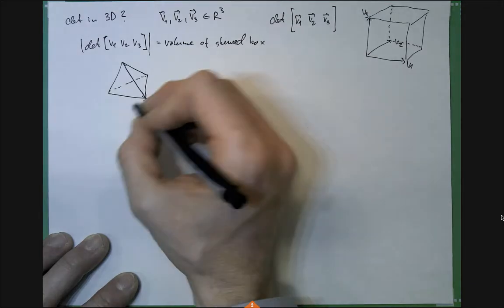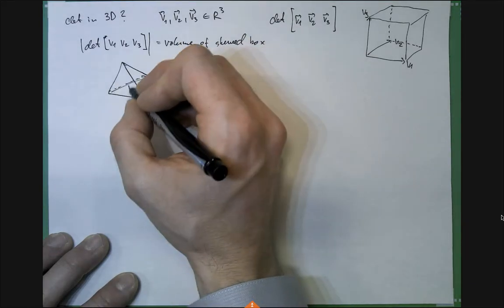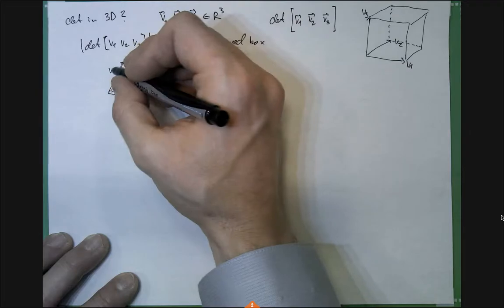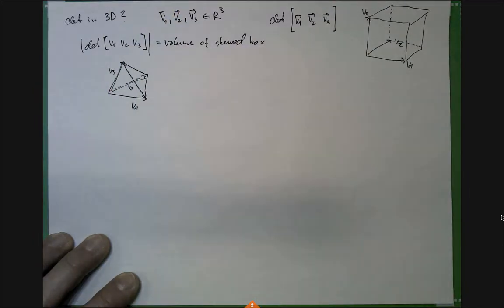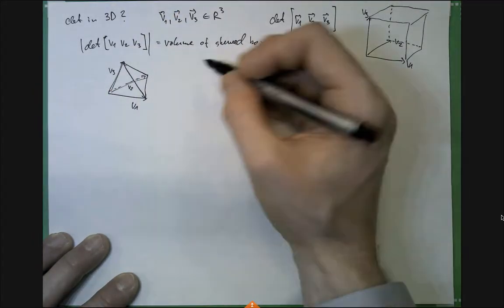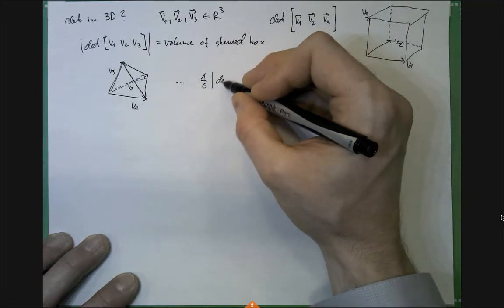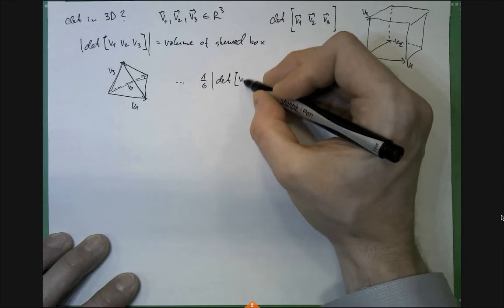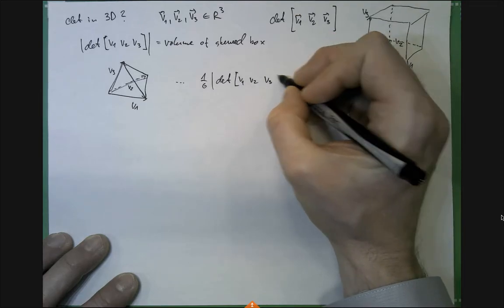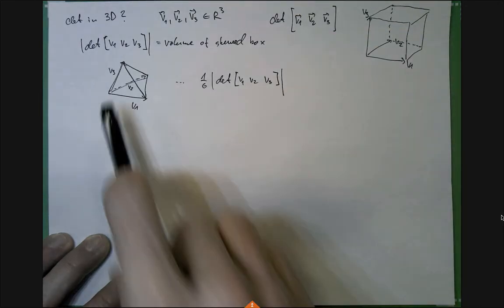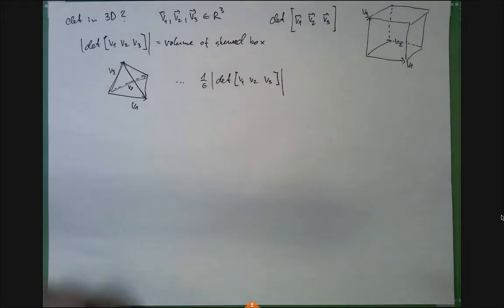So if this is my V1, this is my V2, and this is my V3, if I want the volume of a tetrahedron, then I can just compute it as 1/6 of the absolute value of the determinant of V1, V2, V3. The 1/6 is because I can chop this cube. You can sort of think about it if you have good imagination.